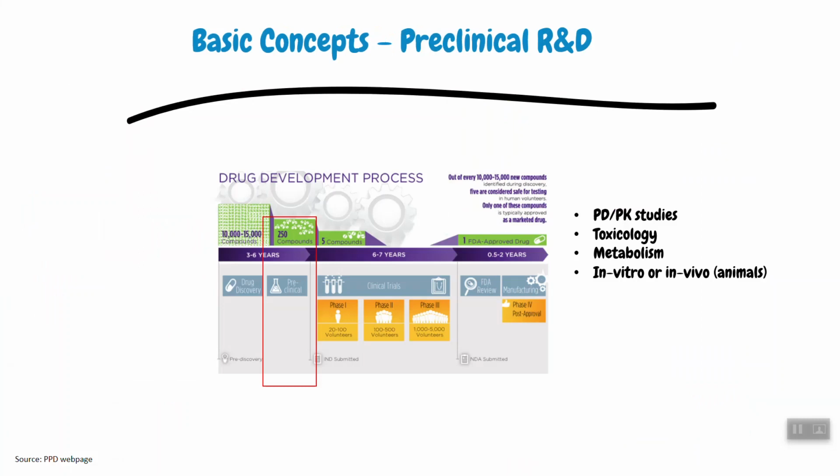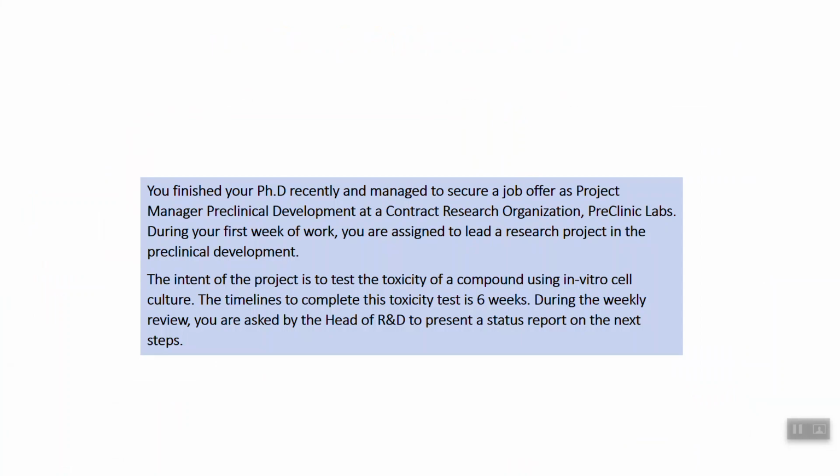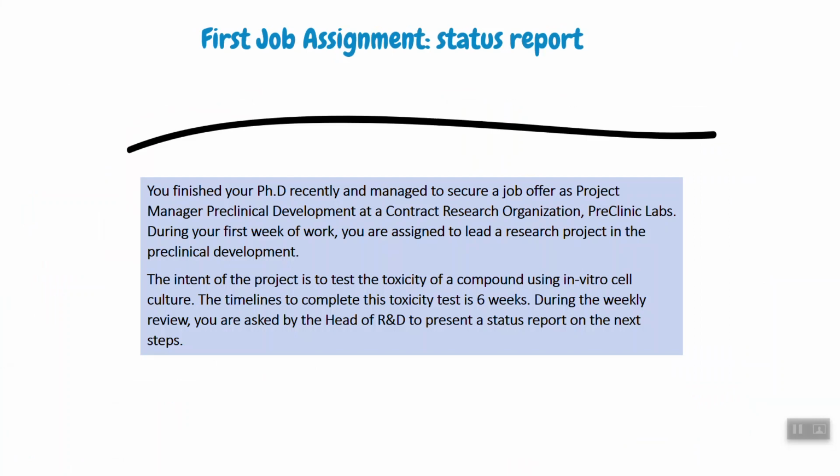So in this case, you're going to be presented with a case, and you'll be faced with the situation that you just joined a CRO, and it is your first project you're taking as project manager. So let's say you finished your PhD and you secured a job offer as a project manager, preclinical development, at the contract research organization, Preclinical Labs.